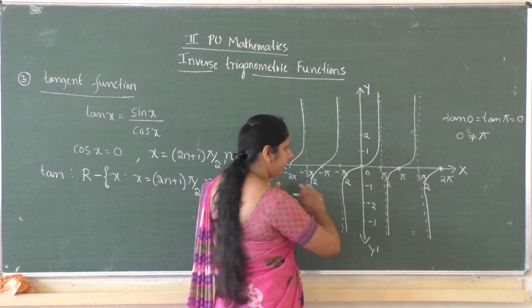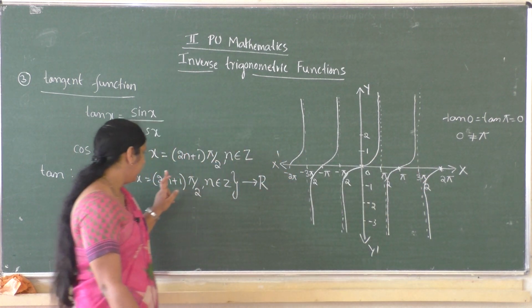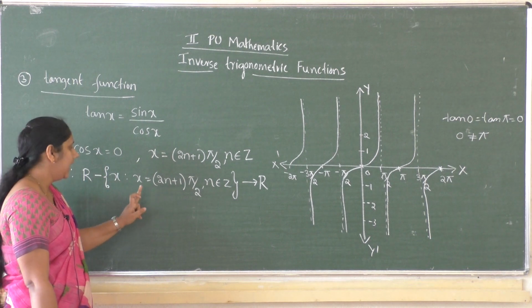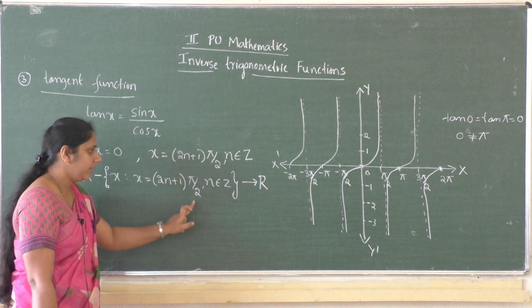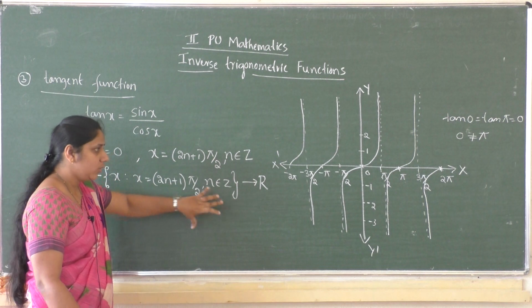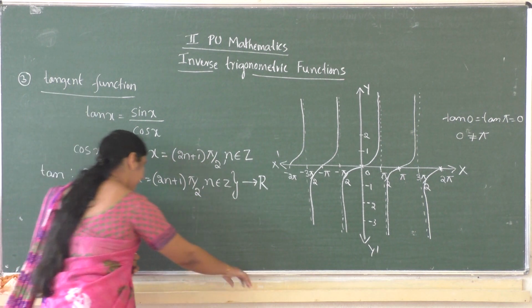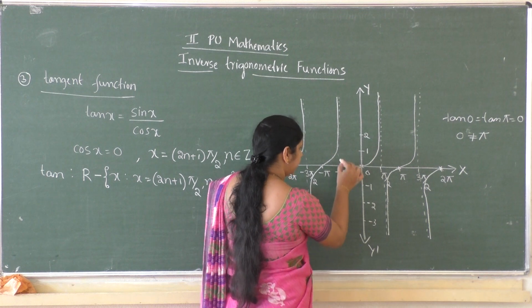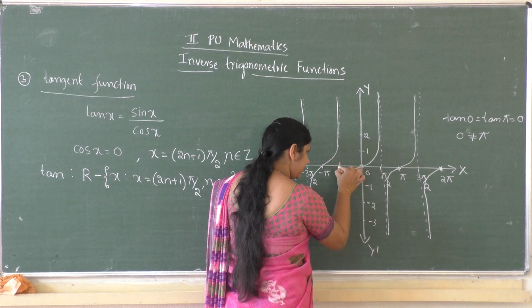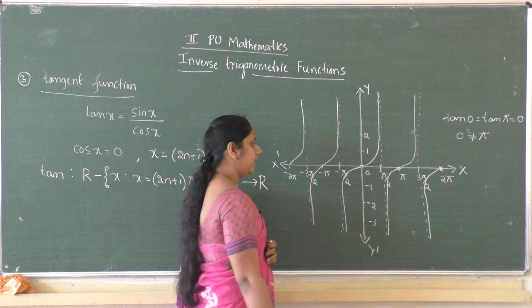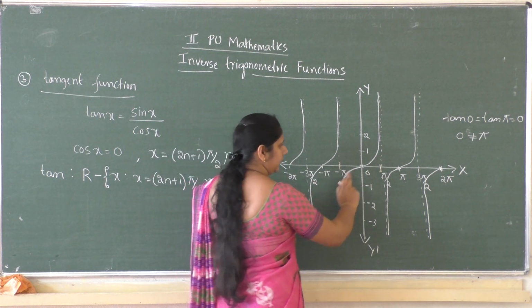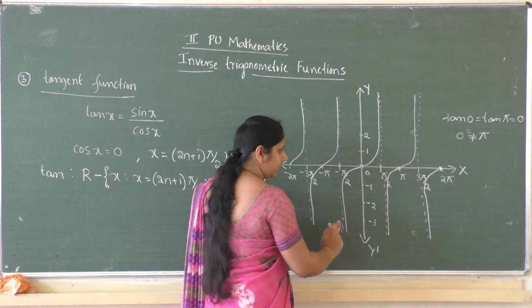So we have to divide the whole domain, that is R minus the set of all x such that x equals (2n plus 1) pi by 2 where n belongs to Z, into several intervals like this. If I take the open interval minus pi by 2 to pi by 2, there is no repetition in the values, right?